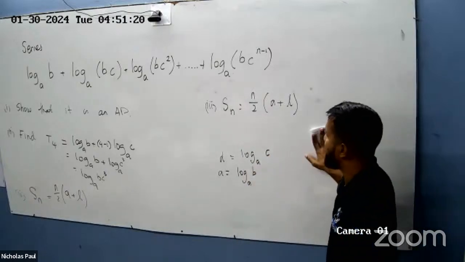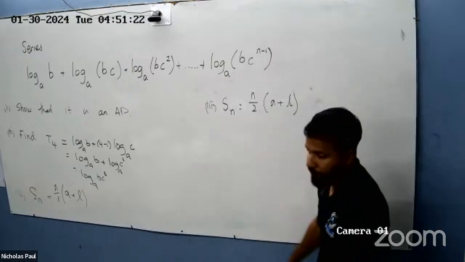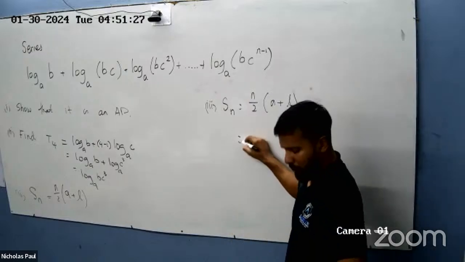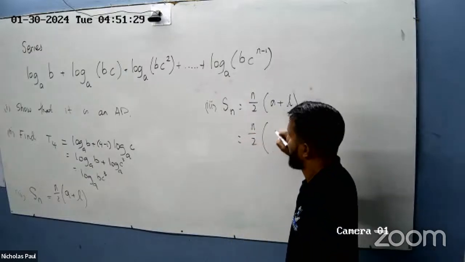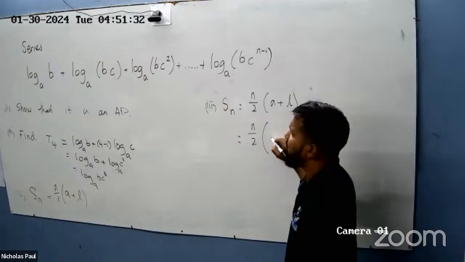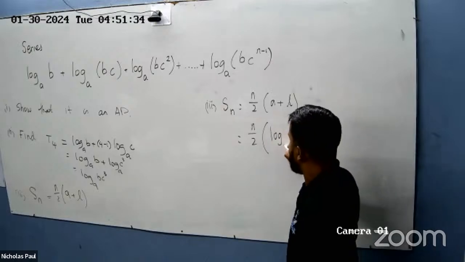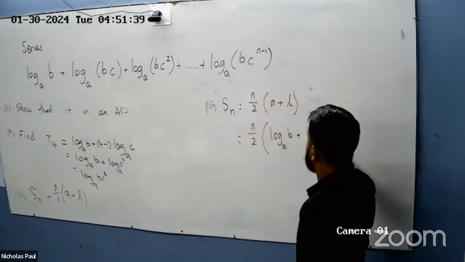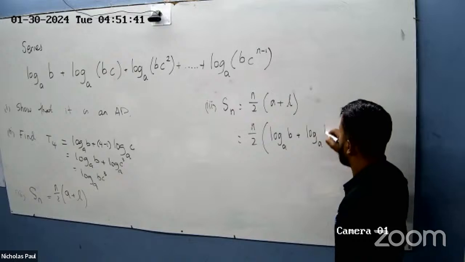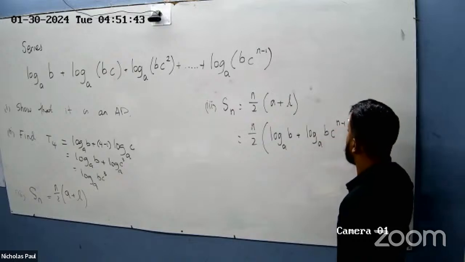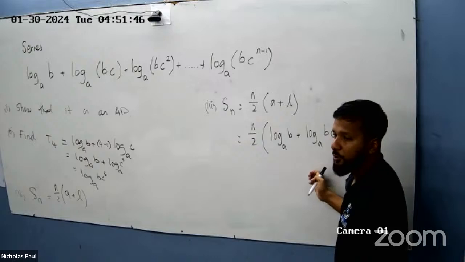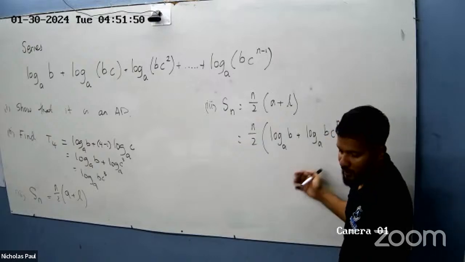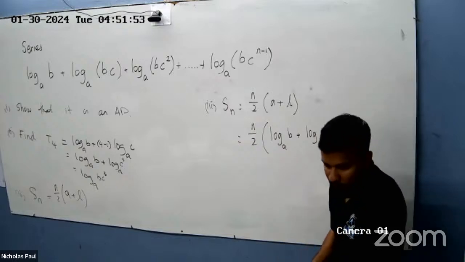Find Sn from there. What is A again? A is log to the base A of B, and L is this here. So you want to simplify this, right? Use your log rules. So here's where your logs come in.